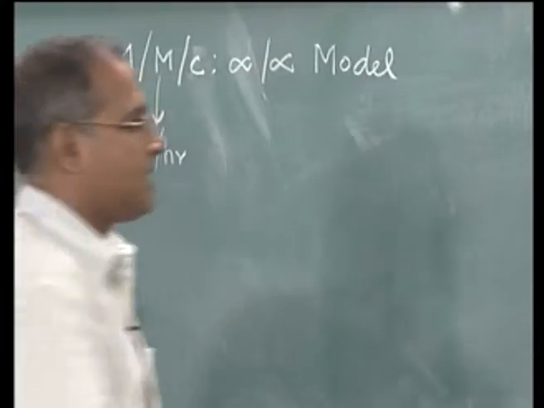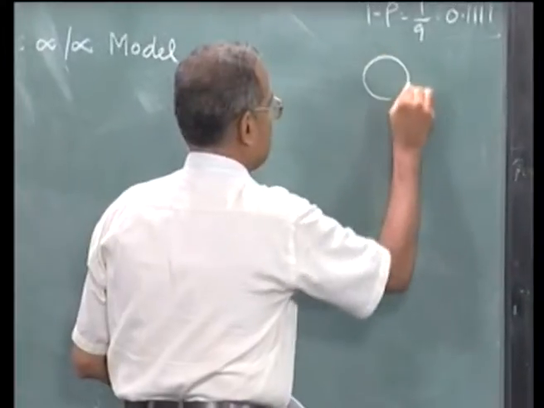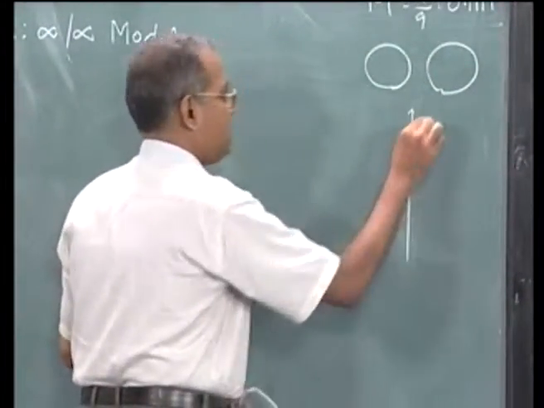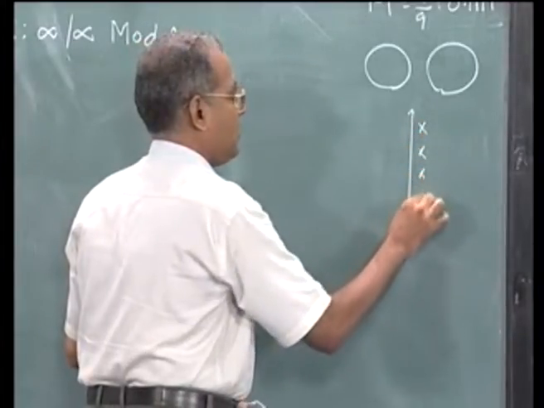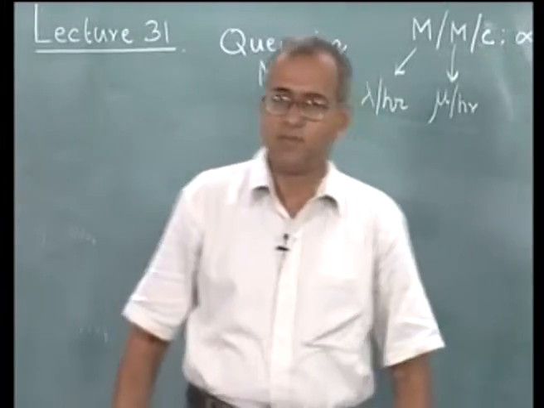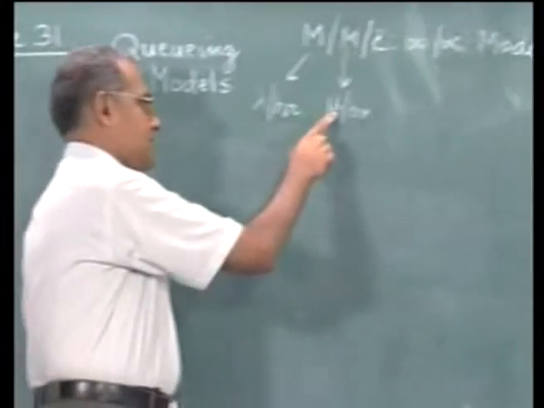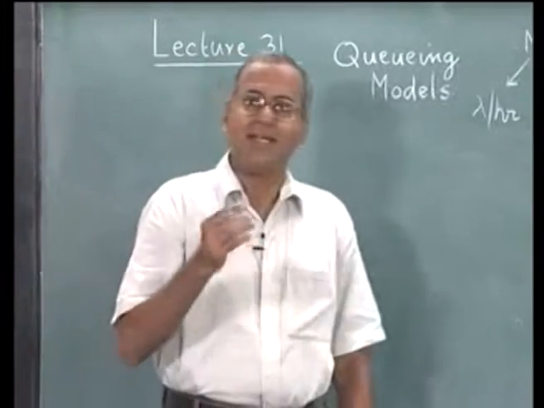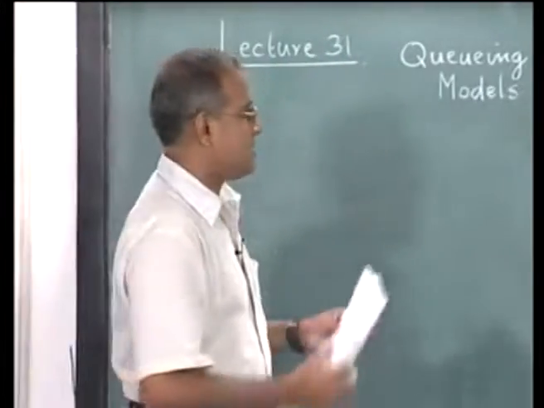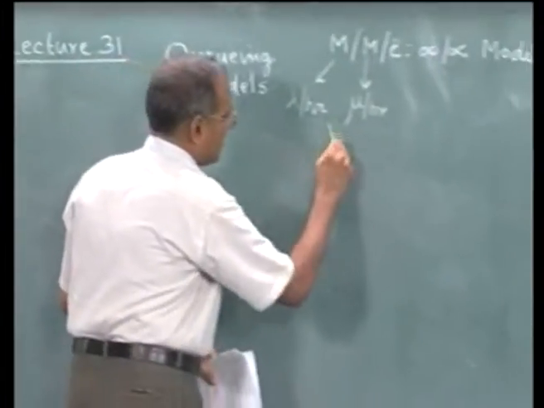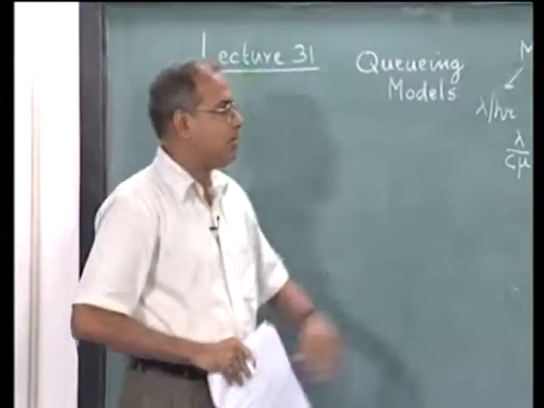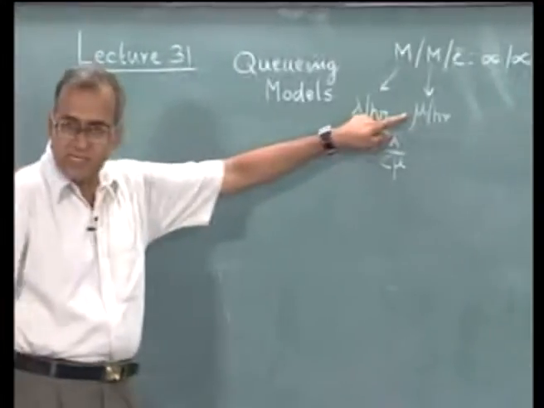If we look at the case of, say, 2 servers, we may say that there is a common line and people join this line, and depending on which server is free, they will go to that server. We also assume that the service rate mu per hour is the same irrespective of the server. So, in this case, we should actually look at lambda by C mu, because mu is the service rate of one server.